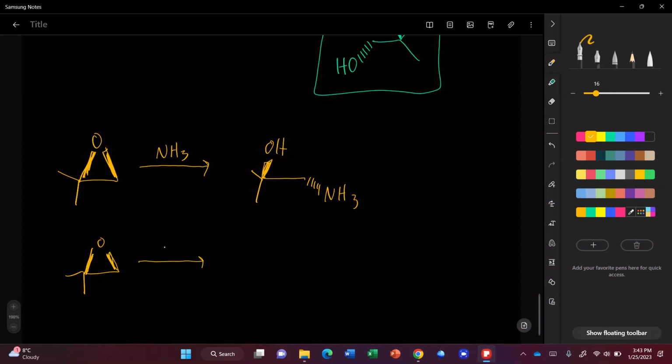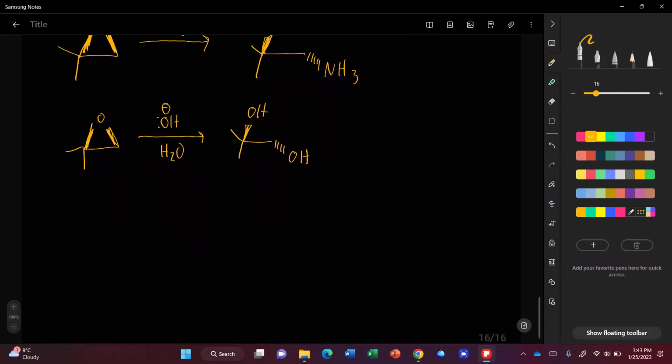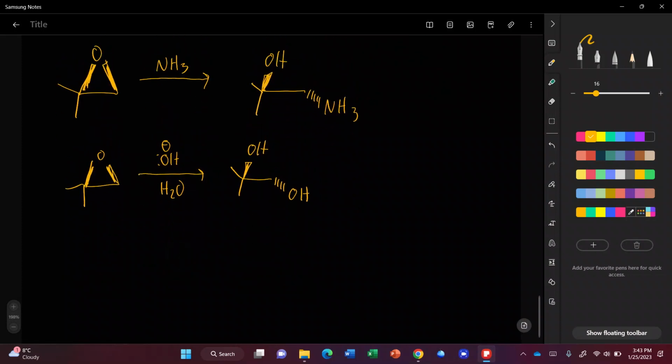When I put in sodium hydroxide, we saw that I was able to get this thing. And hopefully you can see the general pattern. It doesn't really matter. You can do this with a ton of nucleophiles.